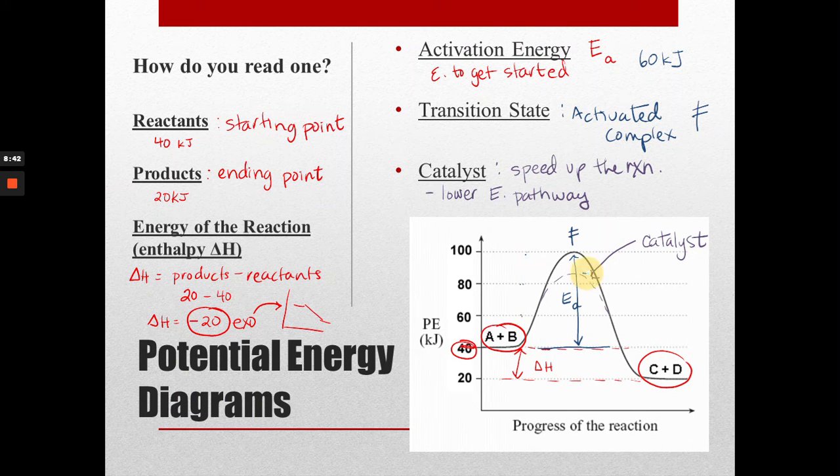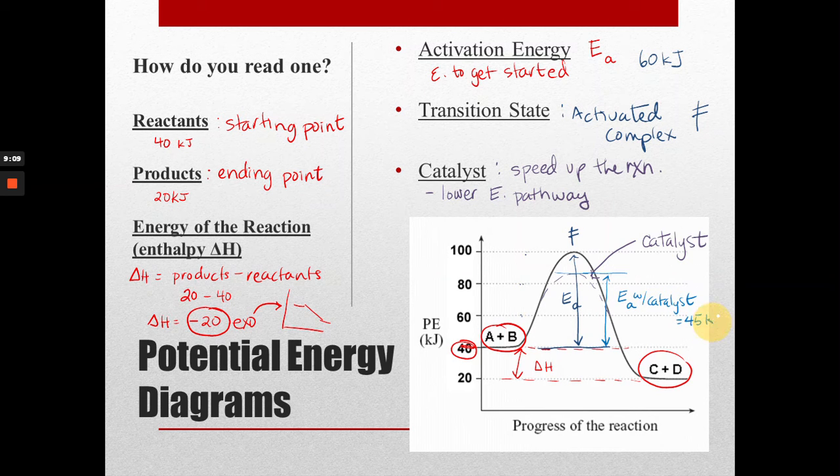So we can figure out the activation energy when you have a catalyst the same way, right? We're going from the starting point to the top of the catalyst. So the Ea with the catalyst should be less. Okay, so let's see. That's 20, that's 40, and not quite halfway, so let's just estimate it to be 45.